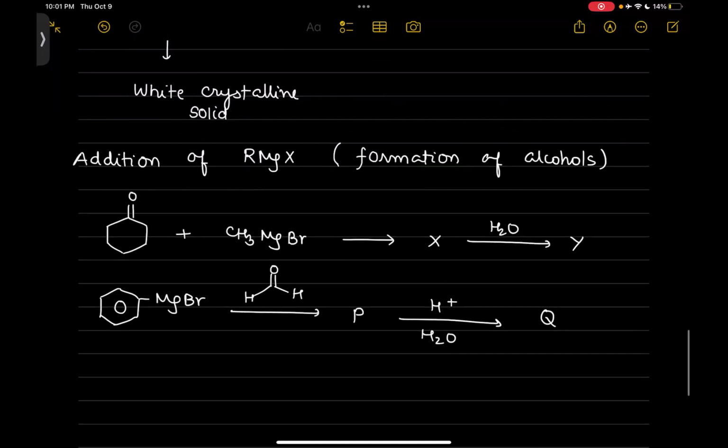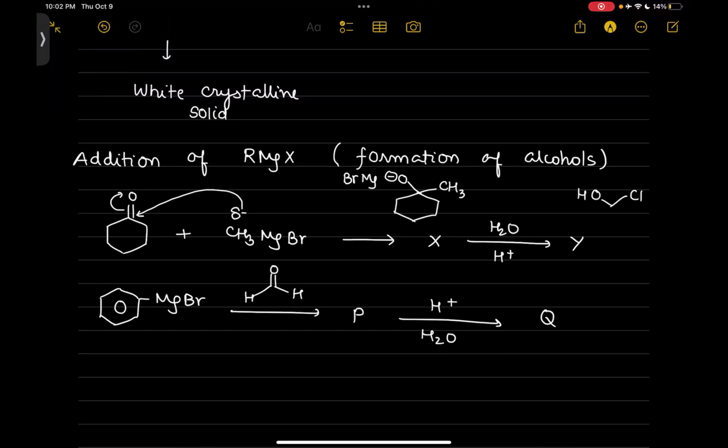X is, this is CH3 minus, right? It is going to add, and O minus is going to form. So X is the structure with CH3 added to it and the double bond O converted to O minus MgBr. Got it? And water will change this OMgBr to OH.